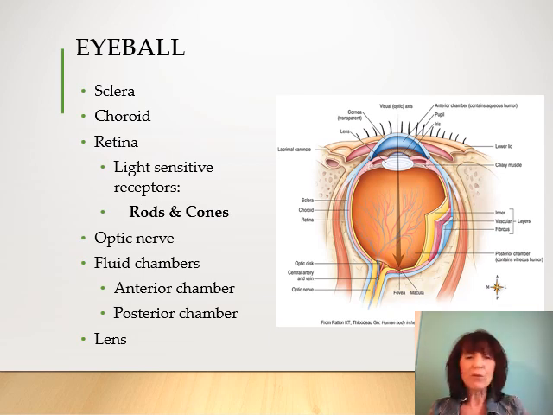And this is kind of where we start doing our PERLA, pupils equal, reactive, round, to light and accommodation. So all that PERLA is going to start making sense with the eyeball. All right, the lens talked about, so let's move on.